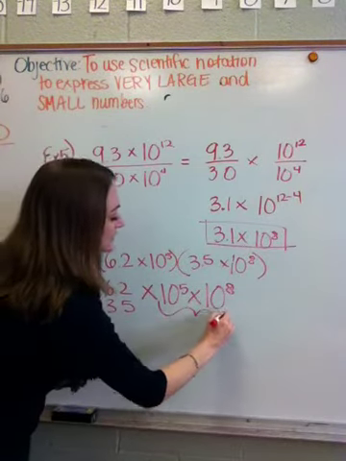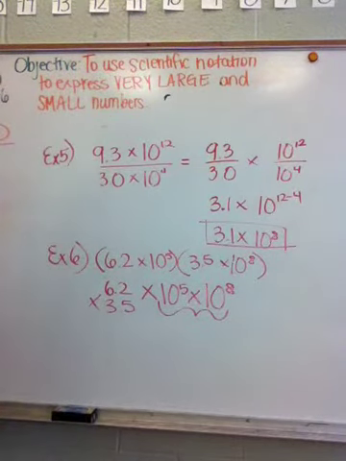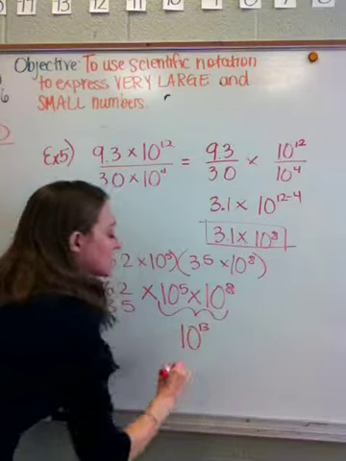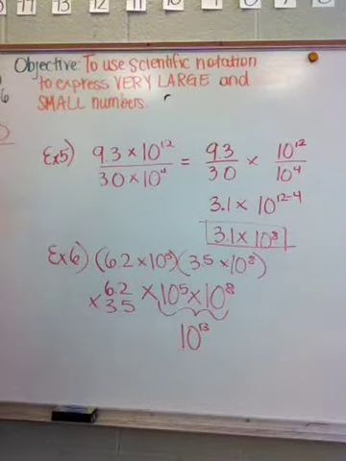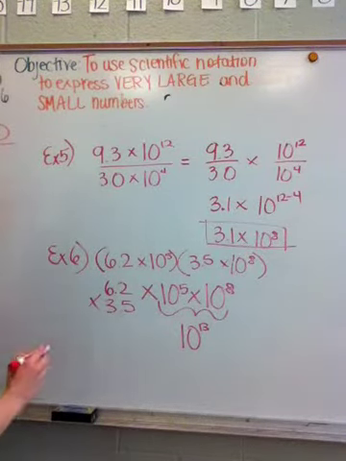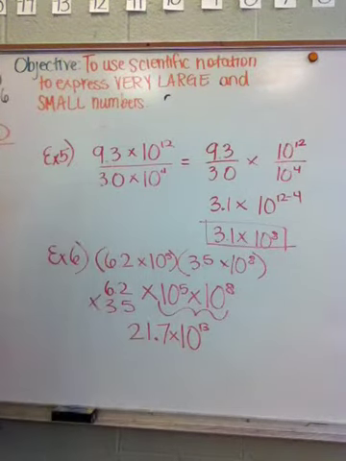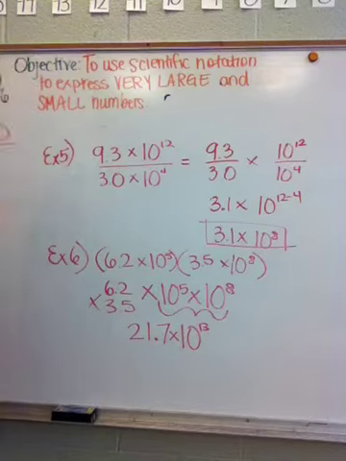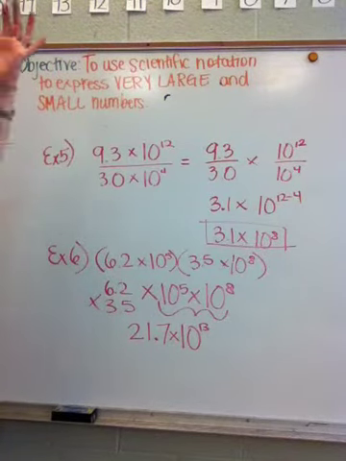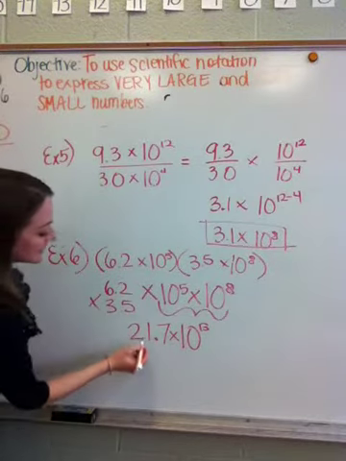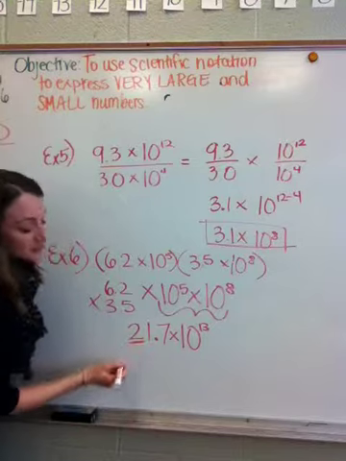All right, this is the easy part right here. 10 to the 5th times 10 to the 8th. I have my exponent rule, so I add my exponents because my bases are the same, and I have 10 to the 13th. Now, 6.2 times 3.5 is 21.7. All right, you might say, I'm done. I've got scientific notation. And I'm going to say, no, you're not done. You can only have one digit to the left of your decimal.